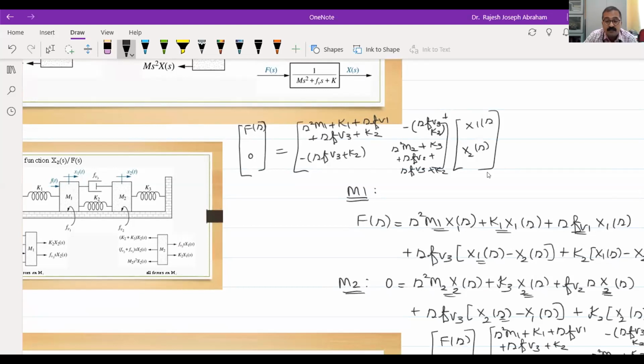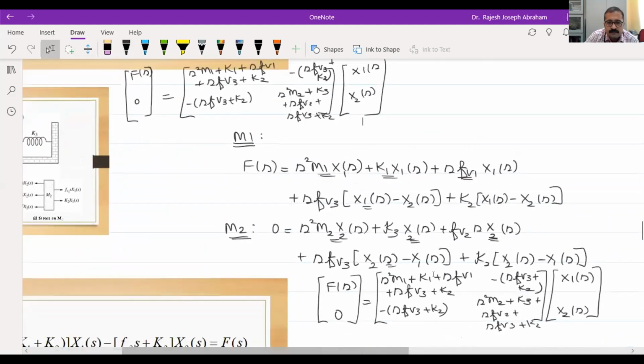Okay, this is what we wrote here. It is matching. S square m1 plus k1 plus s fv1 plus s fv3 plus k2, minus of s fv3 plus k2, minus of s fv3 plus k2, s square m2 plus k3 plus s fv2 plus s fv3 plus k2.